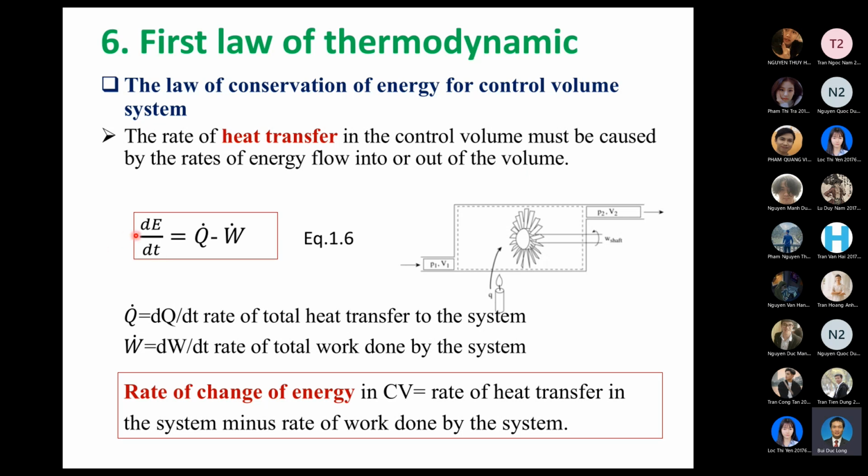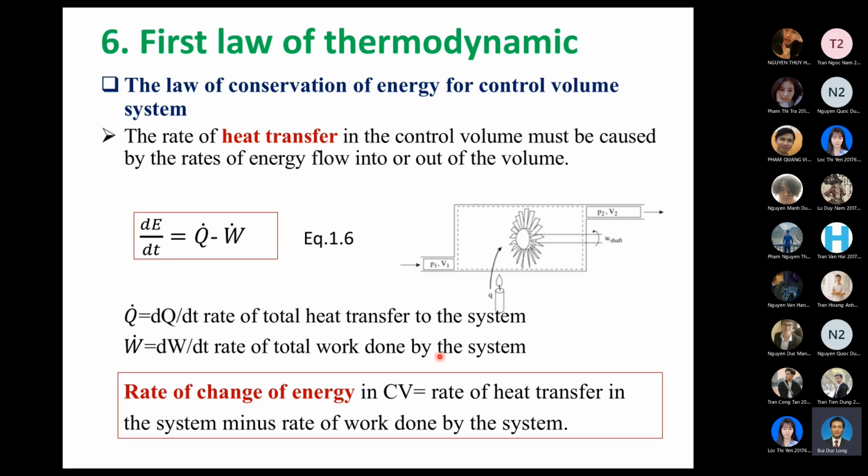So we have dE/dt equal to Q dot minus W dot. Here Q dot equals dQ/dt, the rate of total heat transfer to the system, and W dot equals dW/dt, the rate of total work done by the system.